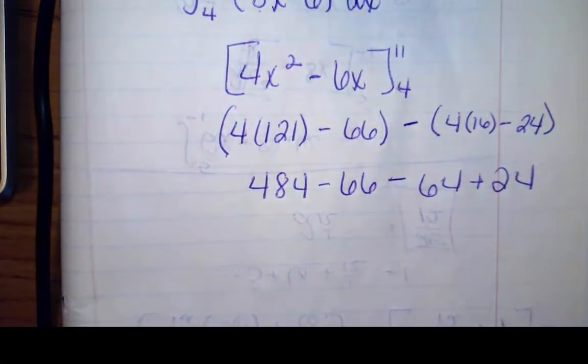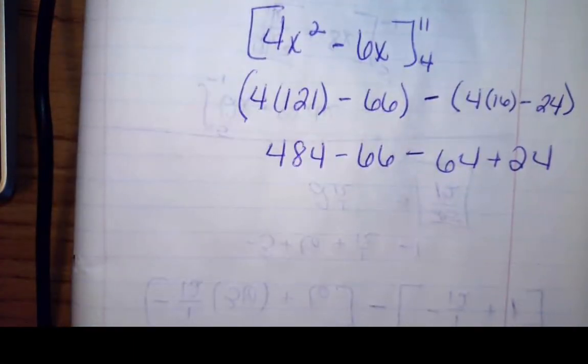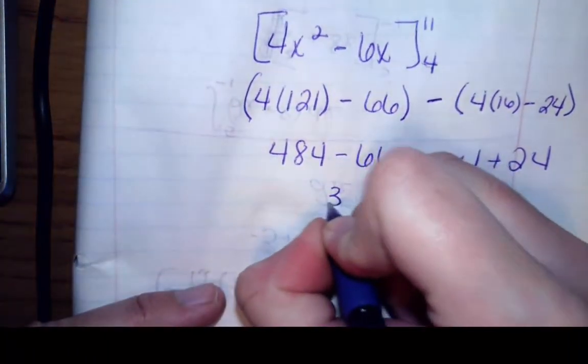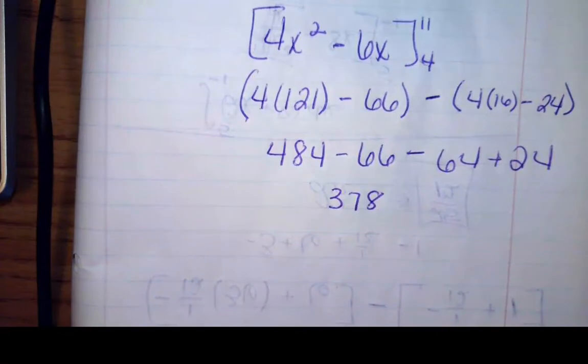I have no idea what that is. Okay, so that gives me 378. So I have 378 square units.